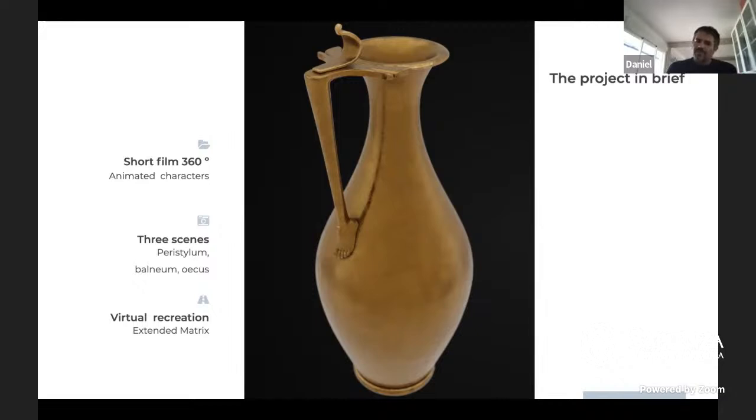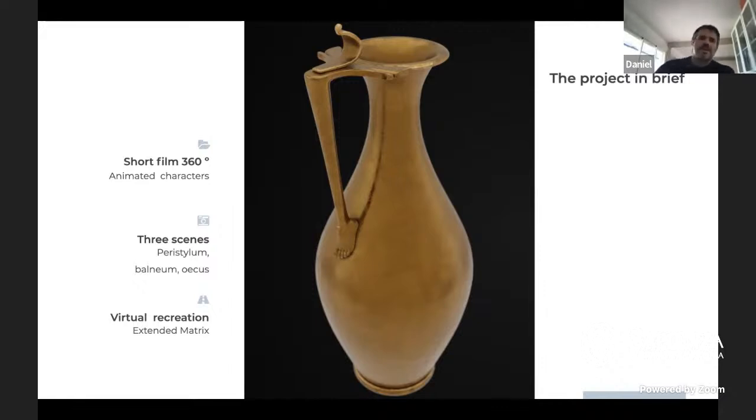It's divided in 3 different scenes: one in the peristylum, the second one in the balneum, and the third one in the oecus. We have given so much importance to the extended matrix in this project. This is the very first time we use it in a virtual reconstruction, so it's very exciting for us. But I must warn that we are still learning to use this useful tool.